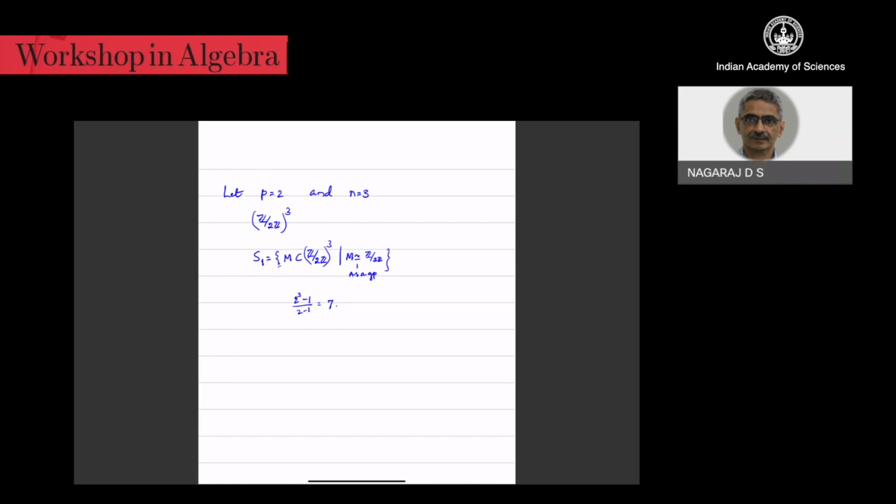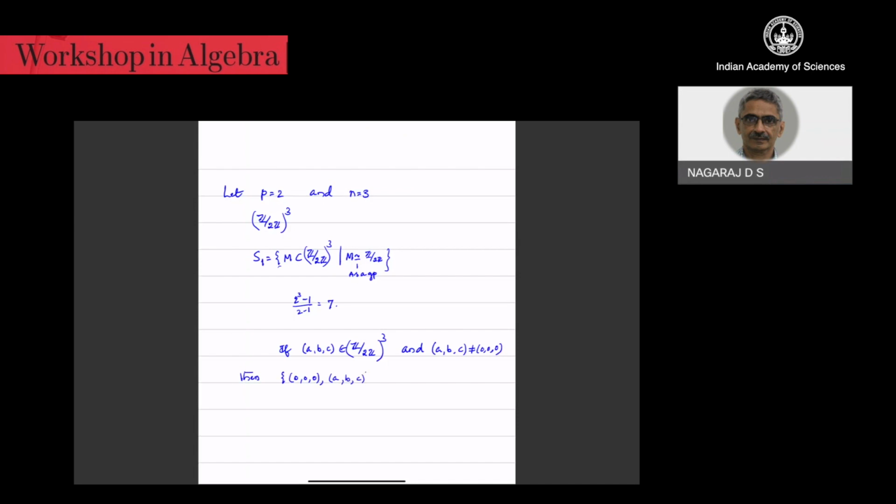Because what happens is if I take any (a, b, c) belonging to Z mod 2Z cubed, and (a, b, c) is not equal to (0, 0, 0), then look at the subgroup {(0, 0, 0), (a, b, c)}.